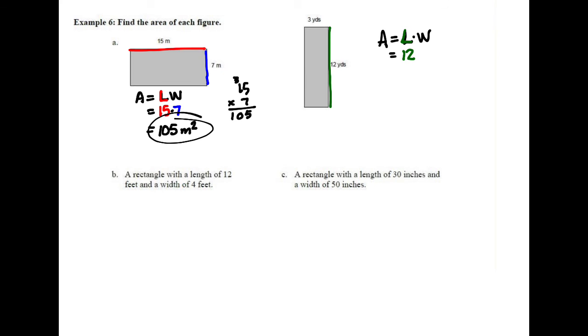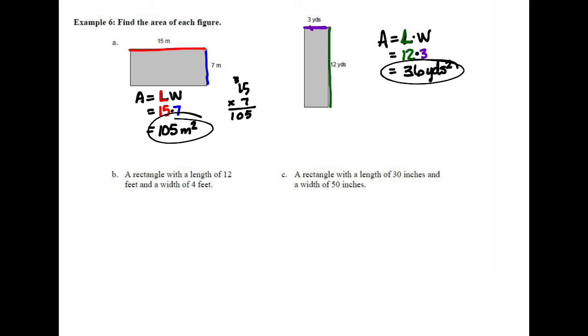And then times the width, which is 3. So 3 times 12 is 36. And since it's area, we're going to do yards squared. And that's your answer. Totally easy.